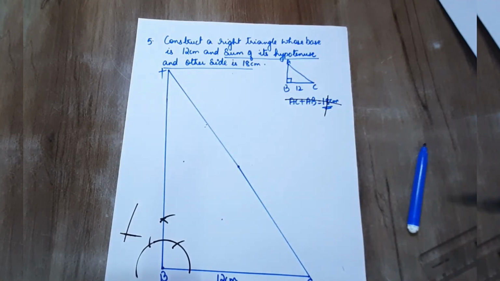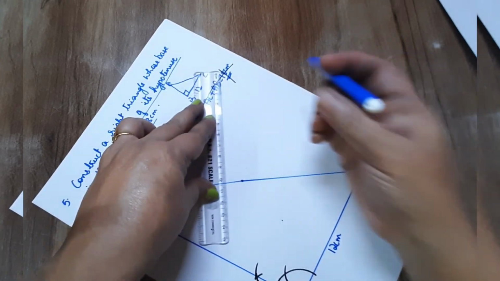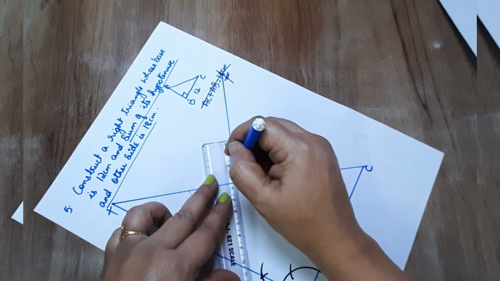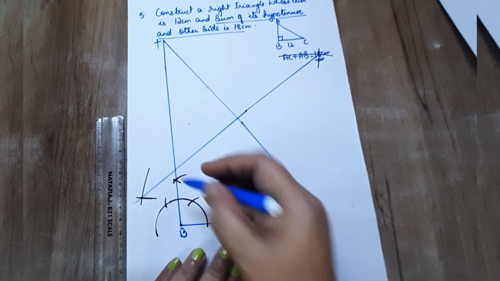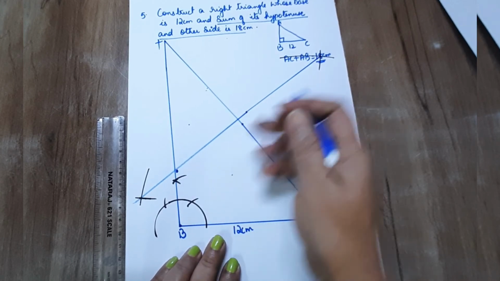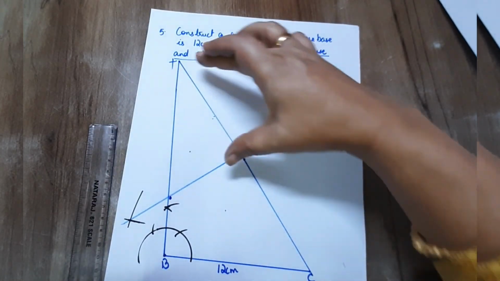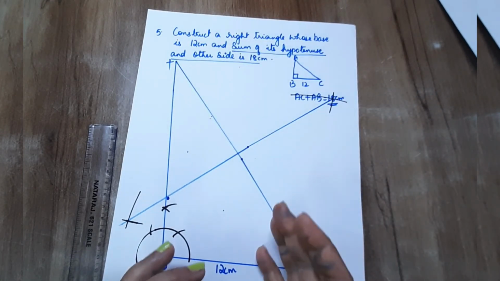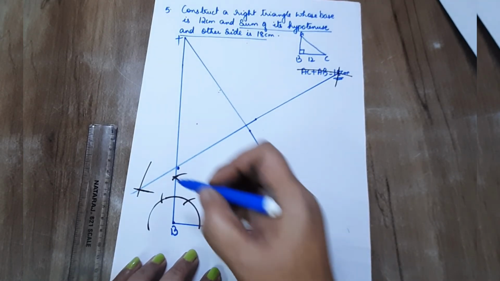No worries, it managed to do it. From here this line. Now what is important here is the point where the bisector is. When we bisect, keep a note that this part and this part should be visibly equal. You can judge whether you have done the construction right or not.